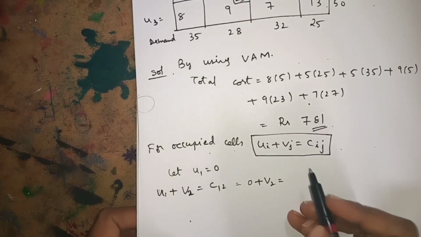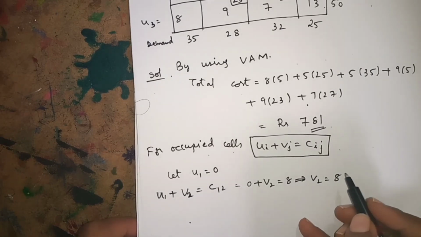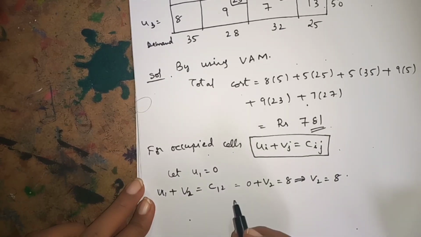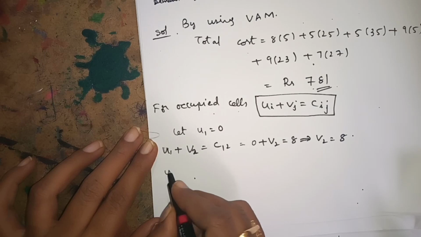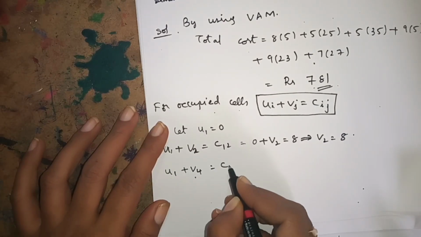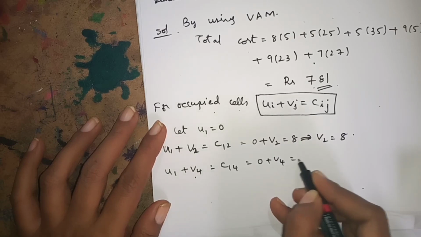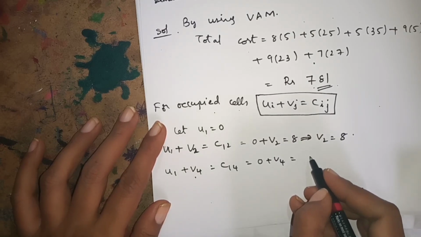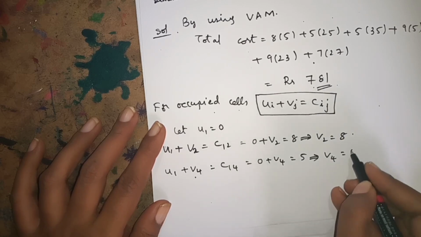So V2 is equal to 8. In the same way, the second occupied cell is in the first row, fourth column. U1 plus V4 is equal to C14. U1 is 0, and the C14 value is 5, so V4 is equal to 5.